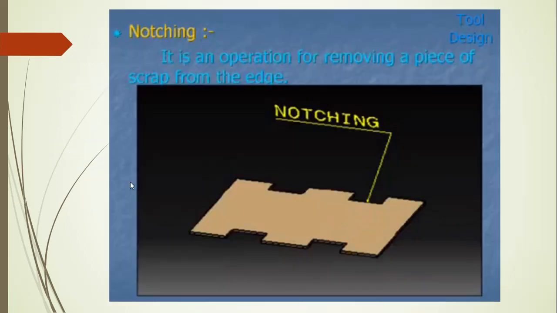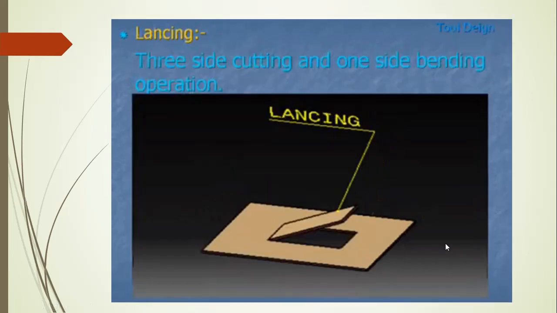Okay, the next operation is the notching operation. It is an operation for removing a piece of scrap from the edges. This is the whole sheet metal, and from the edges you remove a piece of the material. That operation we call notching. The next operation is lancing.